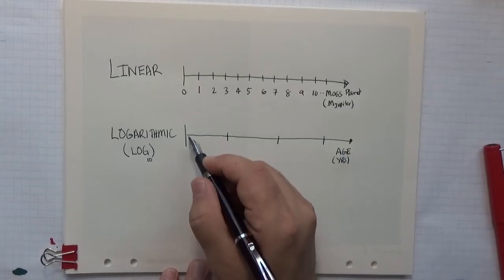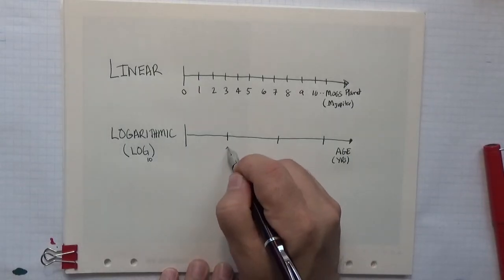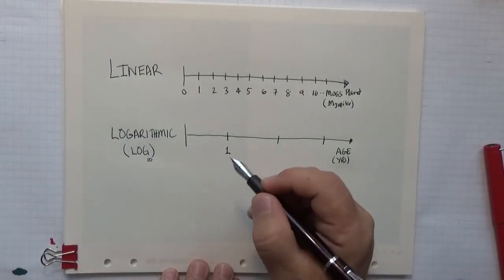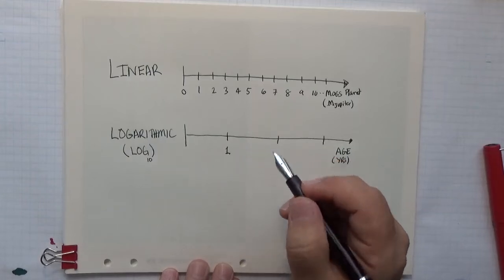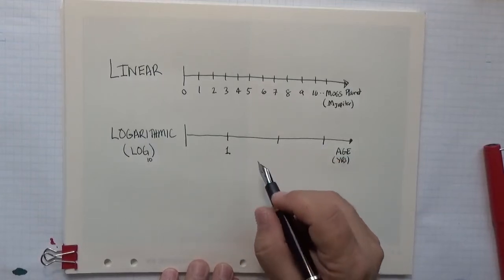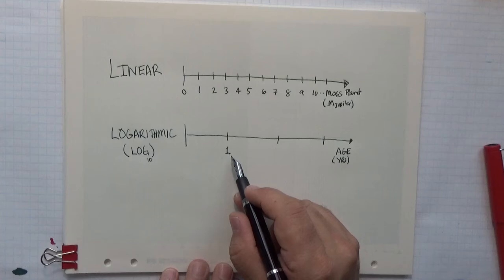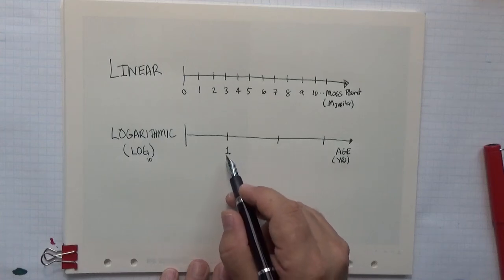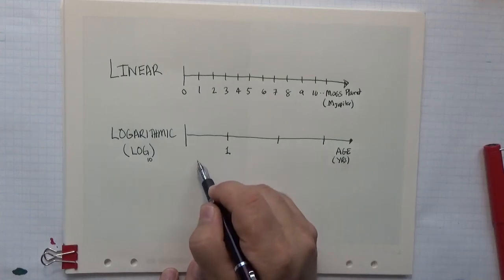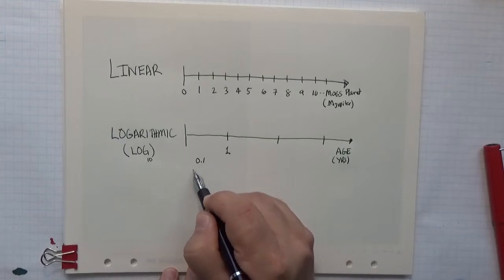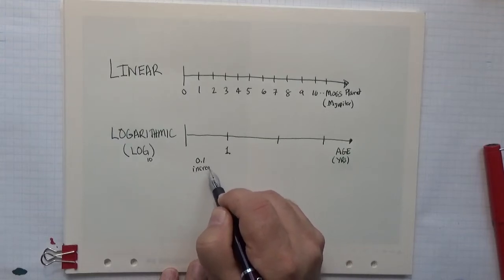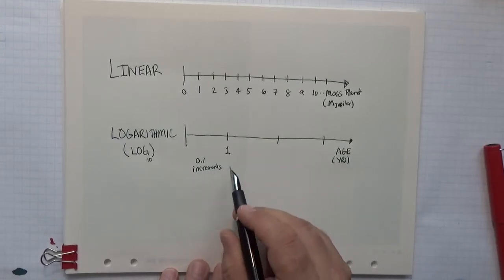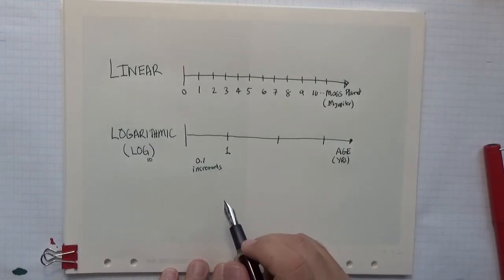Okay, so if I was counting along this axis, the first one I get to 1, 0.1, 0.2, 0.3, all the way up to 1. And then I start counting not by the unit I was counting on the left side. So on this side, I was counting in increments of 0.1. I now start counting in increments that are 10 times larger.